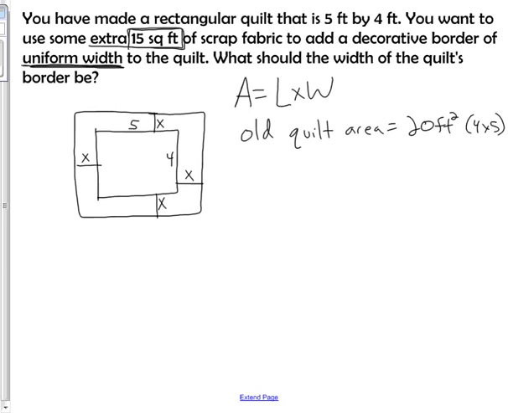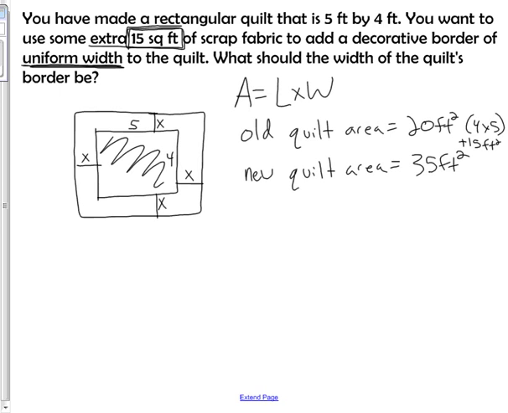Now I also know my new quilt area, and that's going to be 35 feet squared. Now I know that because it's the old area plus the extra 15 feet squared of scrap. All right, so my new area is the old 20 inside plus the 15 feet scrap.